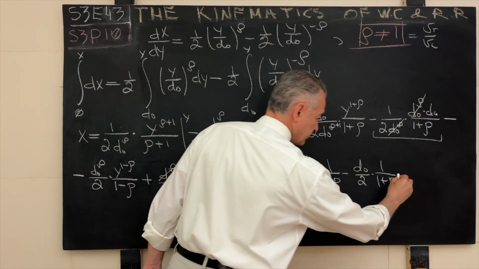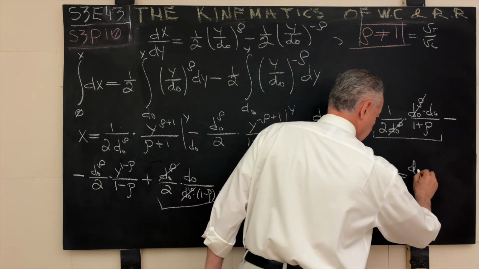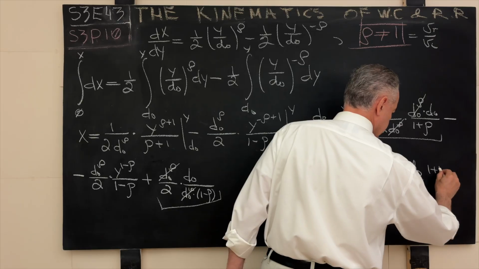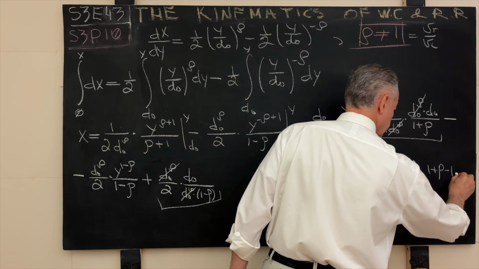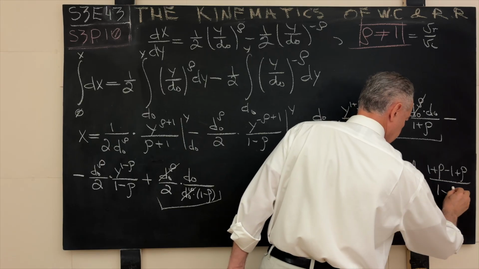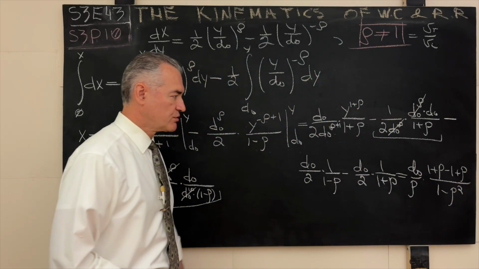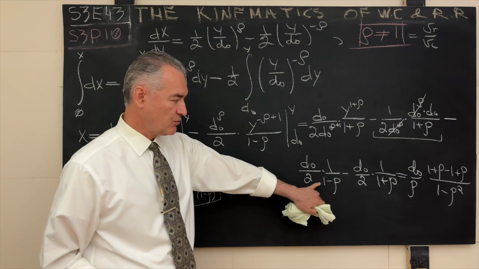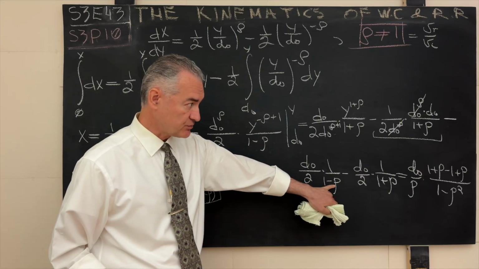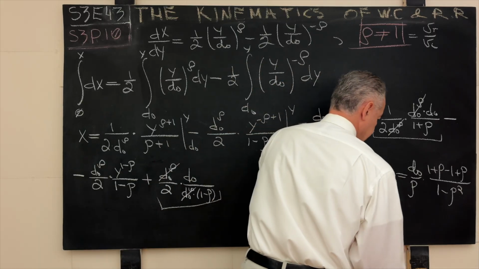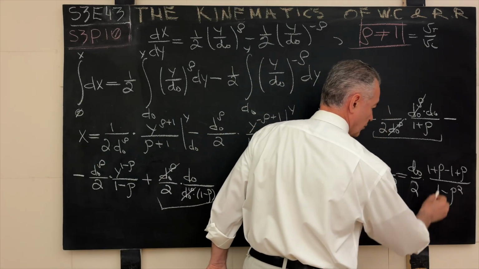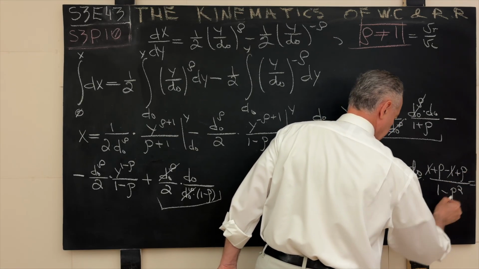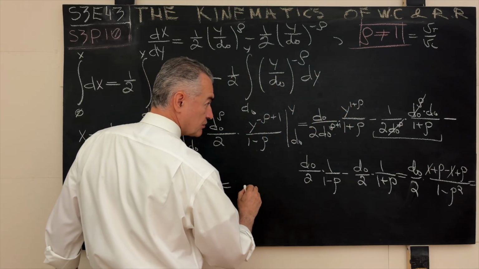So far so good, nothing complicated. This is middle school arithmetic. So we have d0 over 2 times 1 plus rho minus 1 plus rho divided by 1 minus rho squared. Would you agree? 1 plus rho goes on the numerator of this ratio, minus 1 minus rho, so minus 1 plus rho, 2 copies of rho. This is not rho, this is 2, I apologize, 2. So 1 and minus 1 cancel out, 2 copies of rho, and these 2 cancel out. So what do we have in the end? In the end, we have this beautiful term. Look at this.